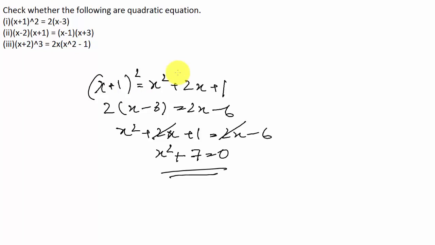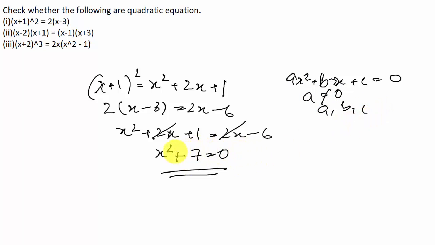So does it satisfy the conditions to be a quadratic equation? What are the conditions required for an equation to be quadratic? It must be of the form ax square plus bx plus c equal to 0, where a is not equal to 0 and a, b and c are real numbers.